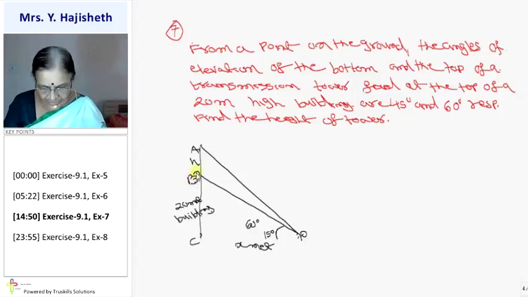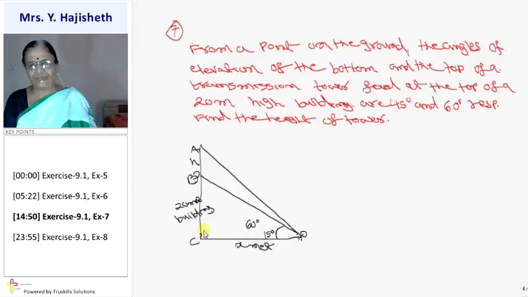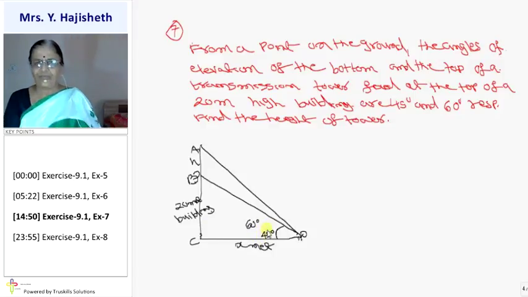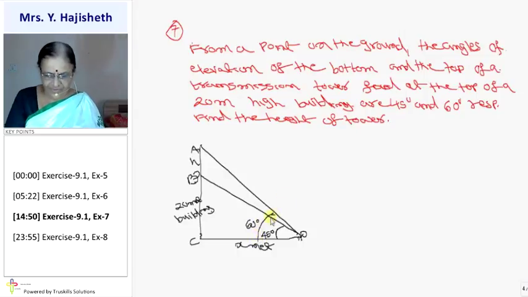Now I join P and C, in such a way that... Clear? Now it is visible. Okay, this is 45 and the full angle is 60. Clear?